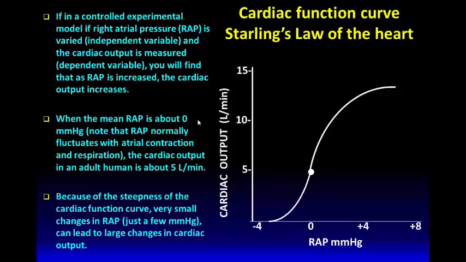So this is a modified cardiac function curve where we have on the x-axis the right atrial pressure, which reflects diastolic filling. So it reflects the preload. And on the y-axis, we can either have the stroke volume or we can have the cardiac output in liters per minute.